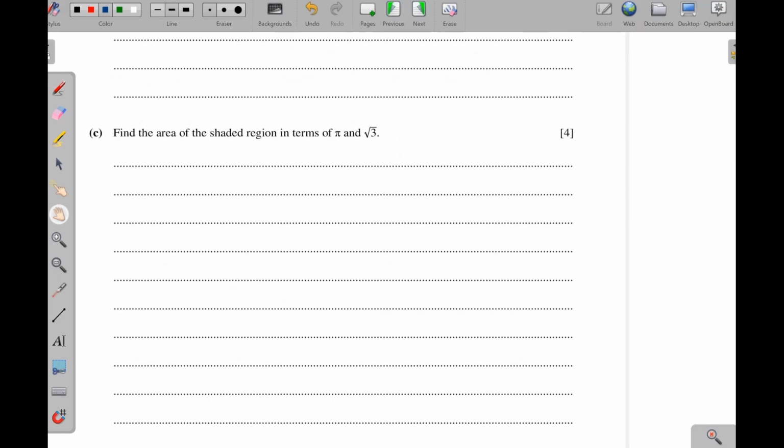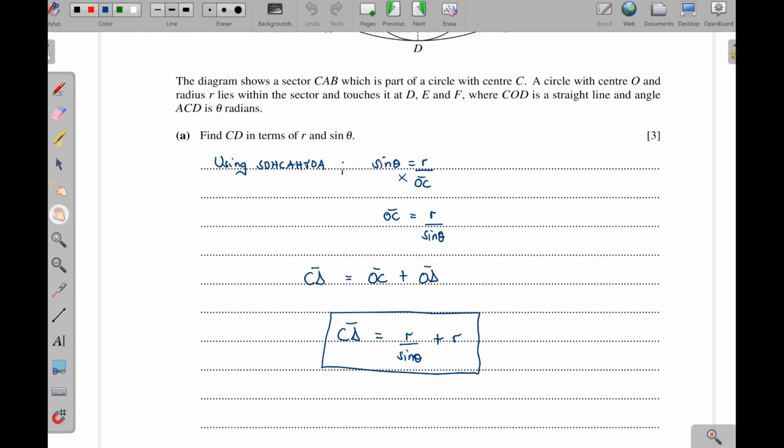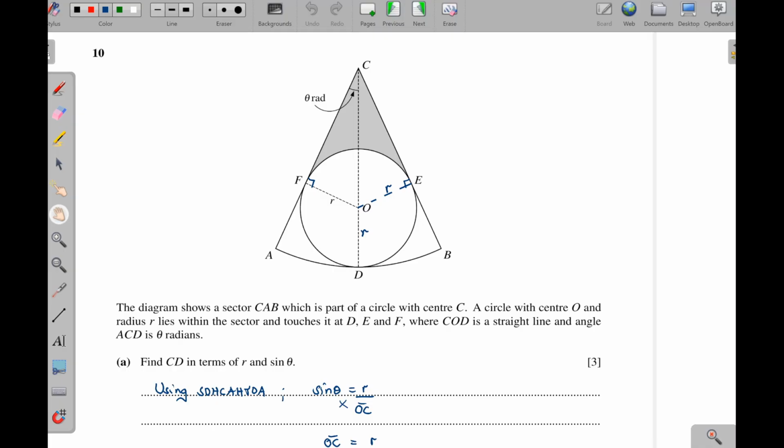And then part C, find the area of the shaded region in terms of pi and root 3. When you go back here and you check, we can say, don't say area of this sector minus area of this circle. There are these other parts which are remaining.